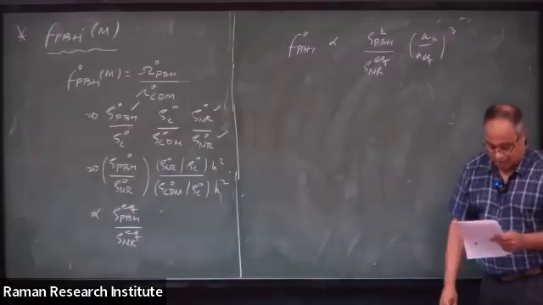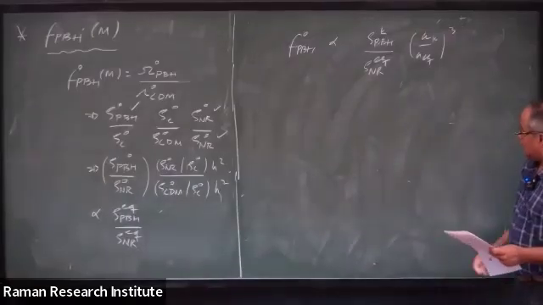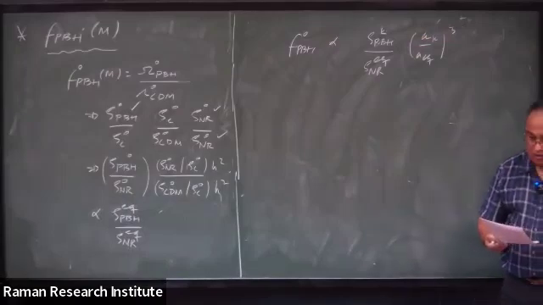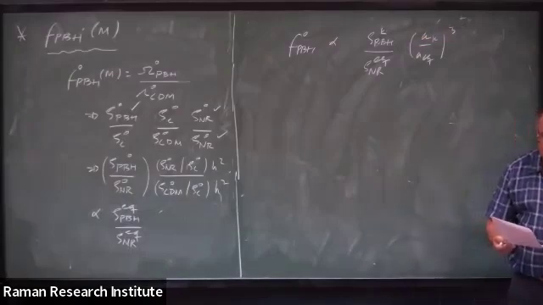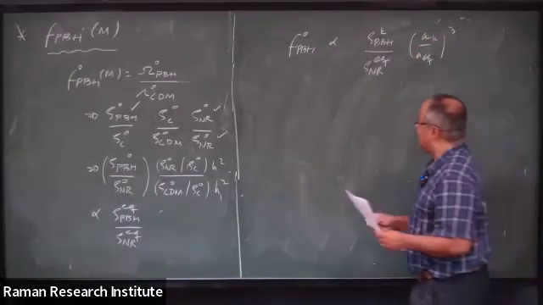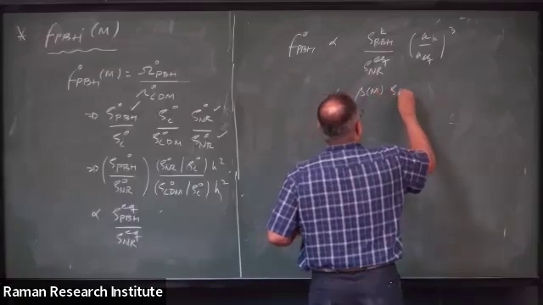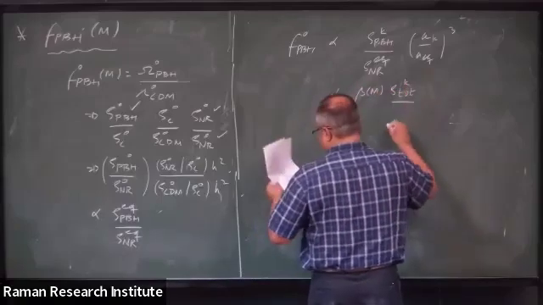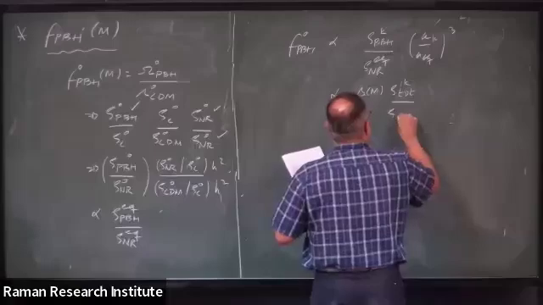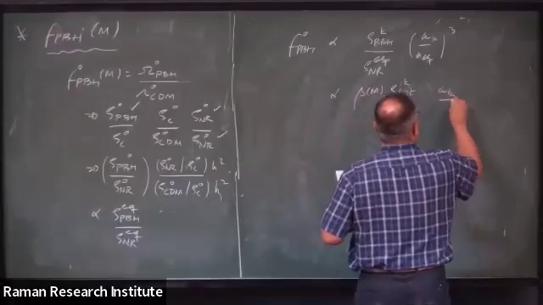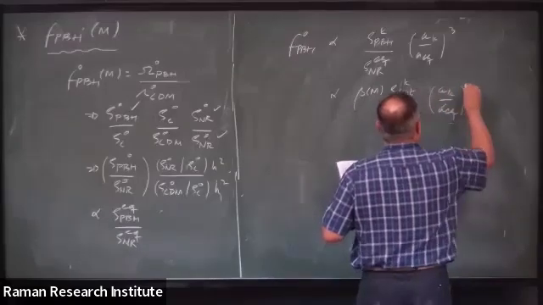That's all. Now, remember, what did I define rho PBH of k as? Rho PBH is this fraction beta of M times rho total at k divided by rho NR at equality, a_k by a_eq whole cube.